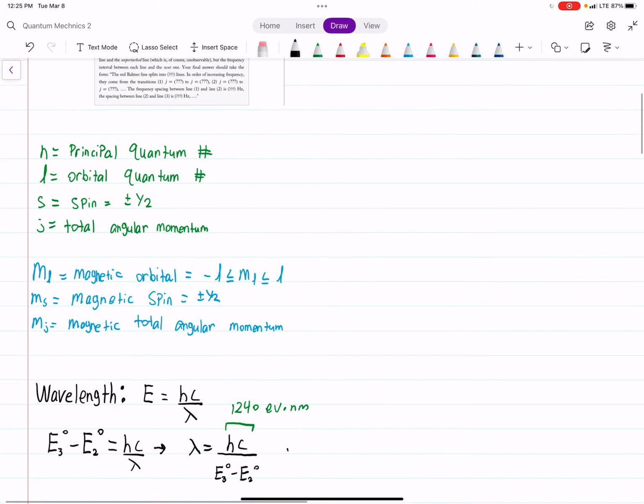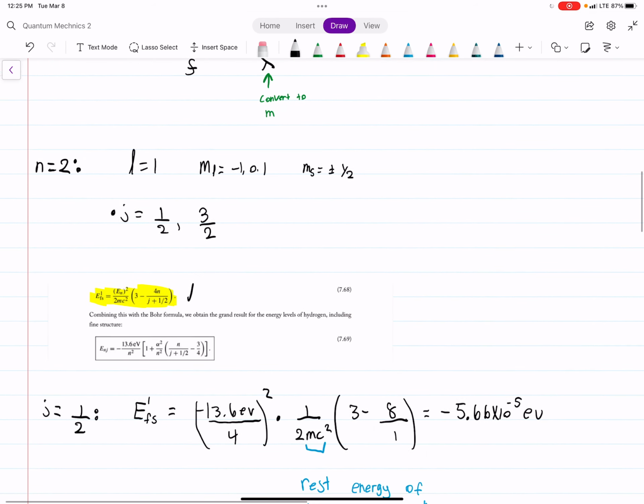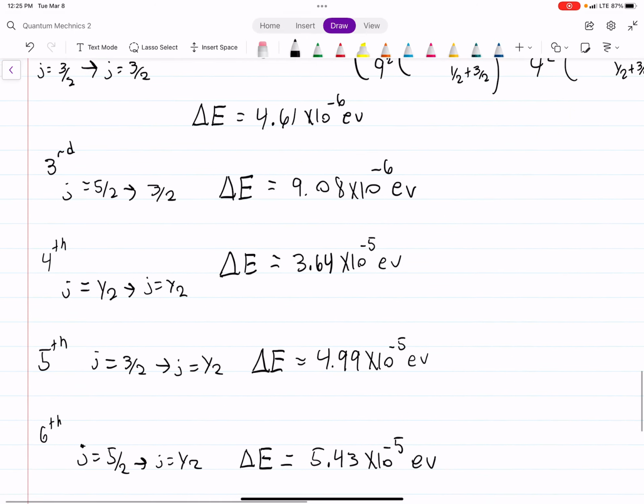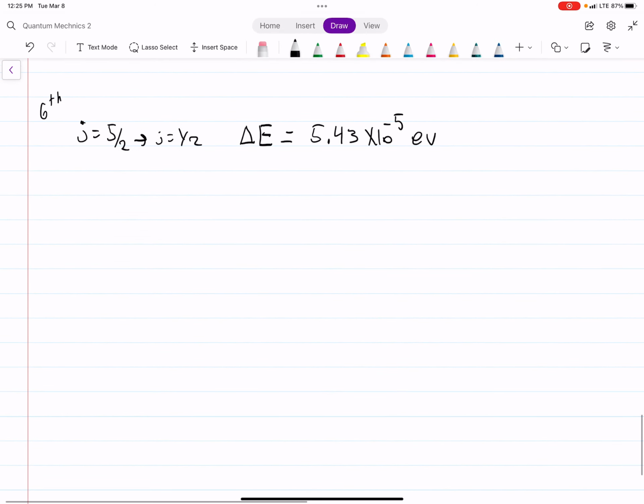Okay. So now we want to find the frequencies of these transitions, basically. The way to do that is to recall that your energy is equal to your frequency times Planck's constant.